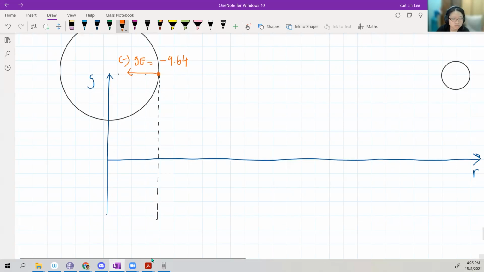So 2, 4, 5, 9.6 is somewhere here. Negative 9.64. I guess I could put 3.7 radius of the moon here.